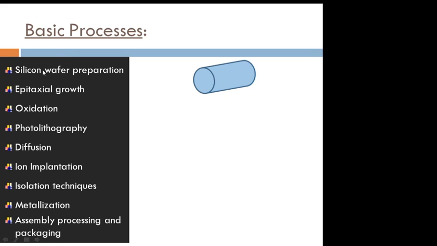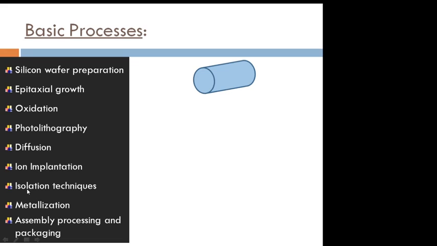Silicon wafer preparation is the basic process, once the process is able to get the basic disk or silicon chip for IC fabrication. Then come epitaxial growth, oxidation process, photolithography, diffusion process, ion implantation, and isolation techniques.